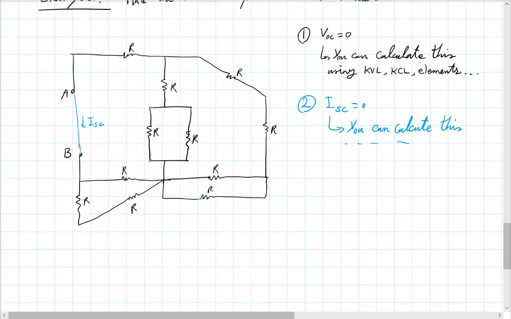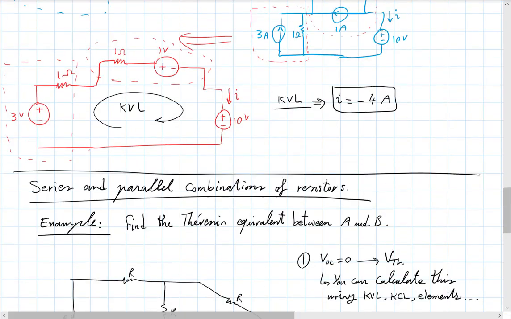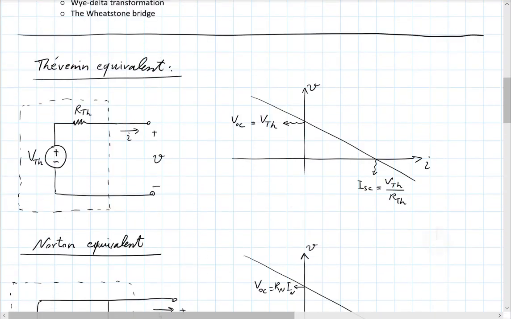And so the next question then is the Thévenin resistance, which is supposed to be, so this is your Thévenin voltage, right? And this is supposed to be your Thévenin voltage divided by Thévenin current. Look up here.